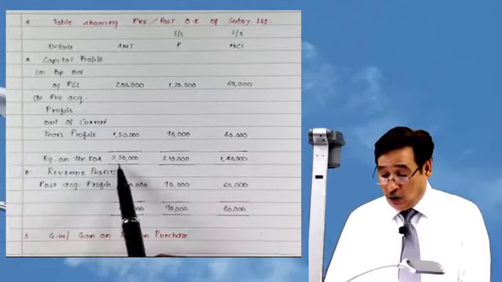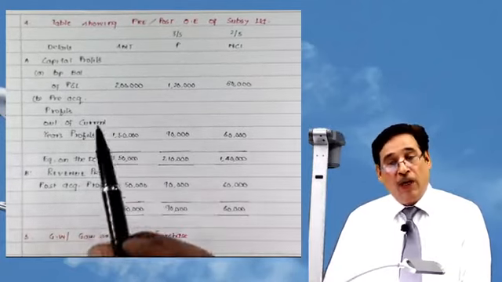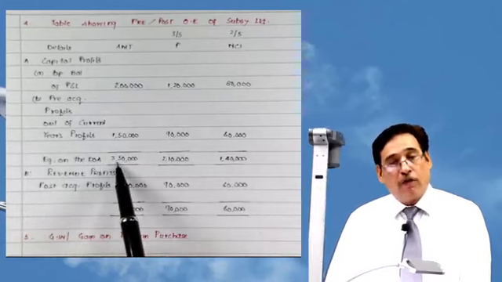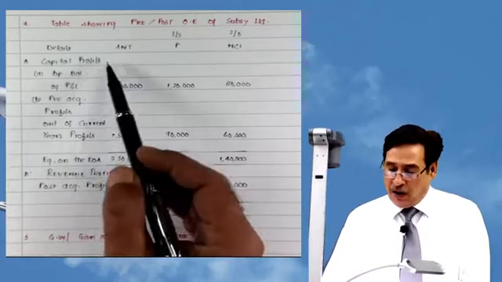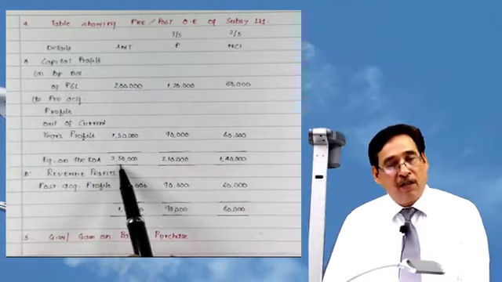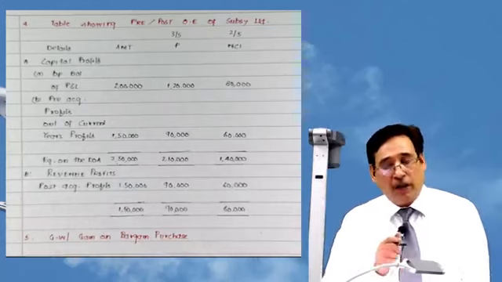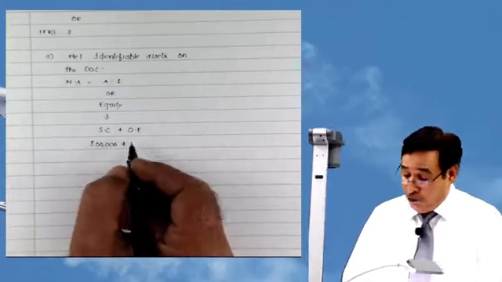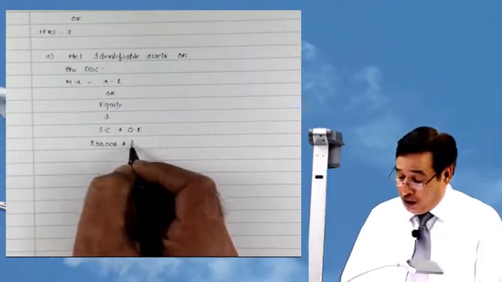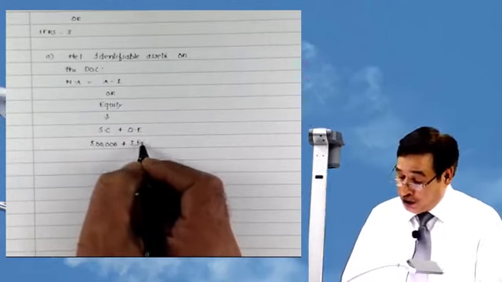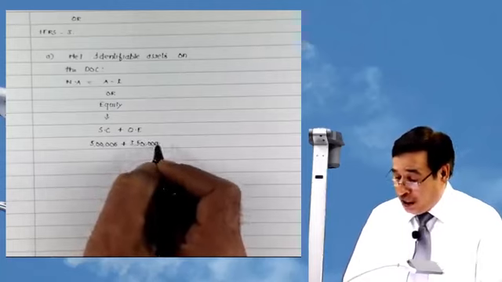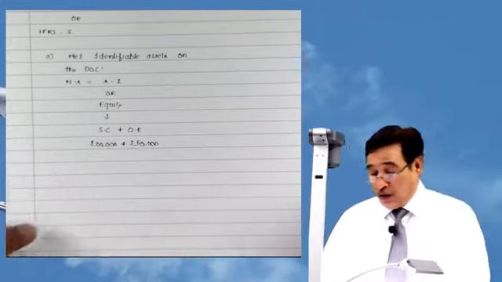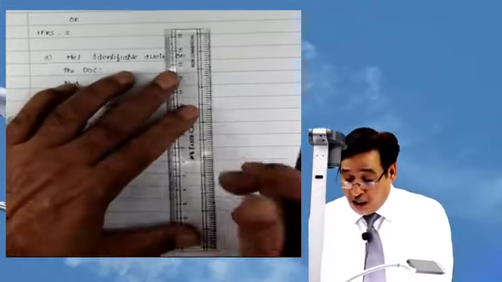So here, this total 350, opening balance 2 lakh and pre-acquisition profits combined, will give you equity on the date of acquisition, 350. All in all, the total of capital profits is nothing but equity on the date of acquisition, and here I have written it also, correct? So now we are in a position to say that other equity on the date of acquisition is 3 lakh 50. So now we can easily find out net assets on the date of acquisition. So net assets on the date of acquisition will be equal to 8,50,000.